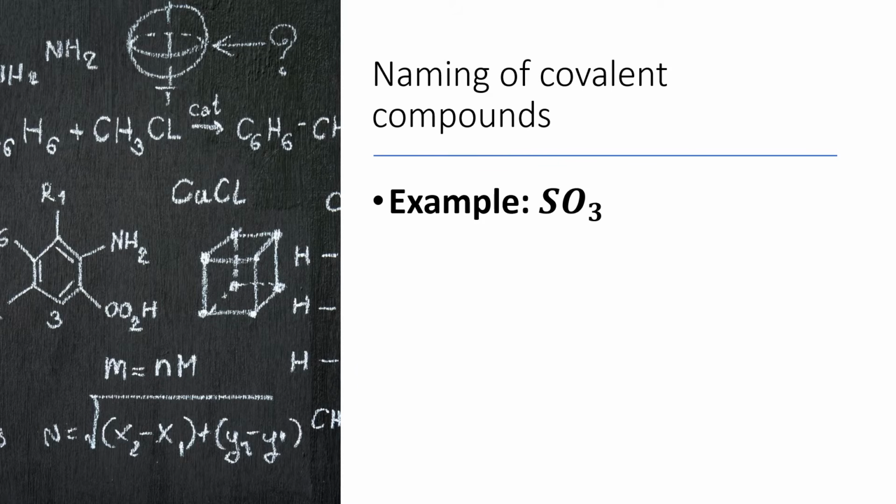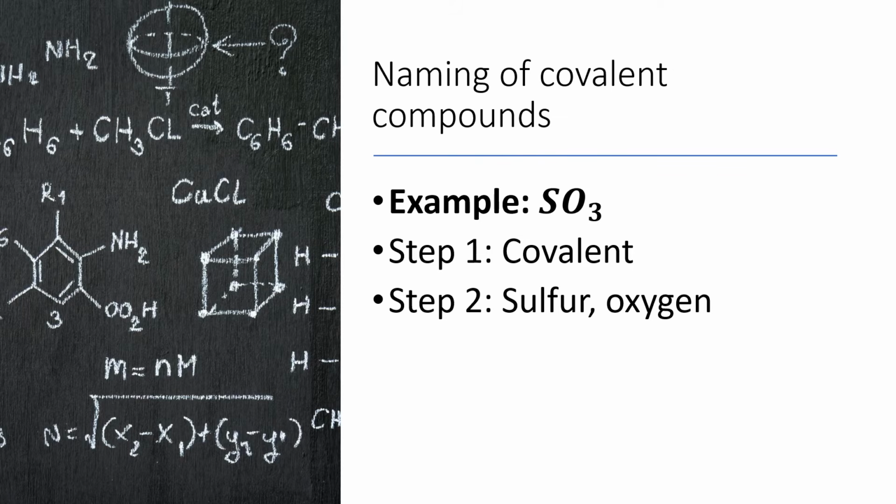So let's have a look at an example of naming covalent bonds. So the example is SO3. Step 1 is to identify what type of bond is present. This is a covalent bond because S is a nonmetal and O is a nonmetal. Step 2 is to give the names of the elements playing a role in this compound. The S represents sulfur and the O represents oxygen.